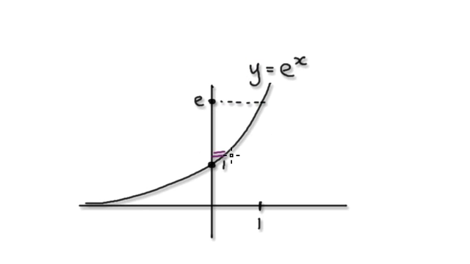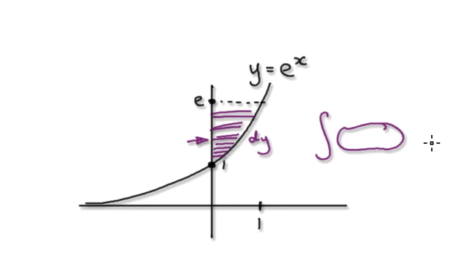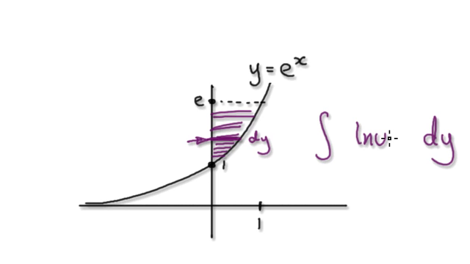Okay, let's start again. We are summing up all the disks, and the thickness associated with this disk is dy, so we are really integrating something in terms of dy. Now we need the radius of this disk. The radius is given by the natural log of y, because we're moving in the y direction.